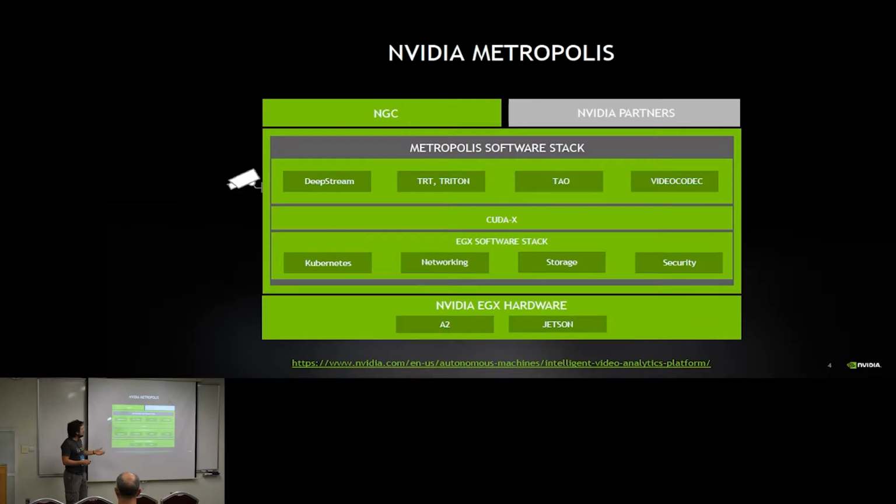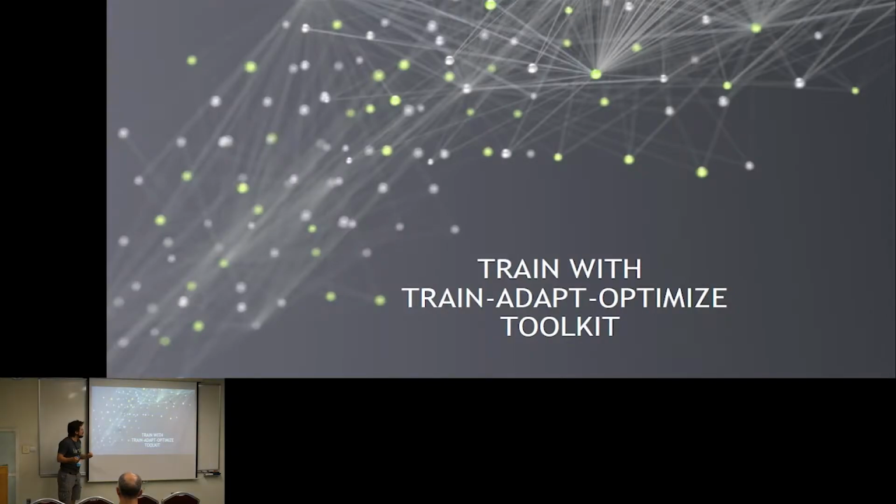It has TAO inside, but it also has DeepStream, to which I will devote a couple of slides. But mostly, for inference, I will focus on TensorRT and Triton. And I will be taking your feedback along the presentation, like how well you know the frameworks.